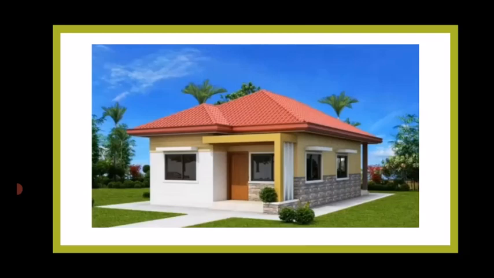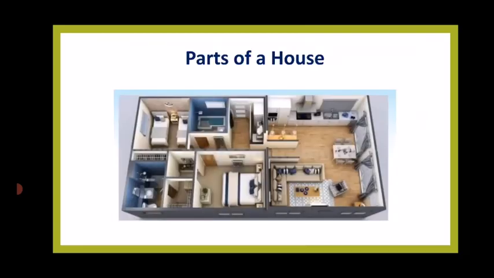You have a bath, you clean yourself, and of course, you also eat. So there are different places in the house for doing all these different things. So come on, let's take a look at these different places in a house, which we can call parts of a house.